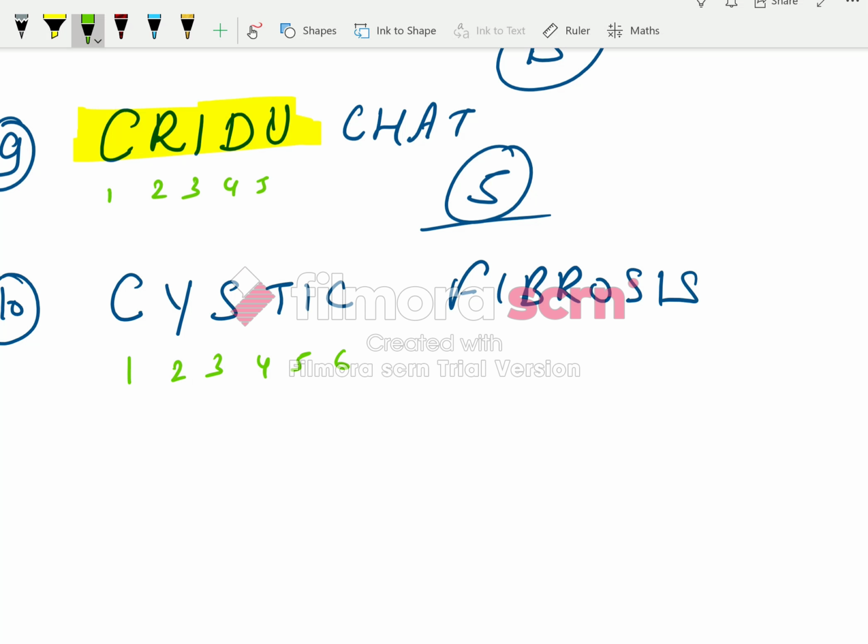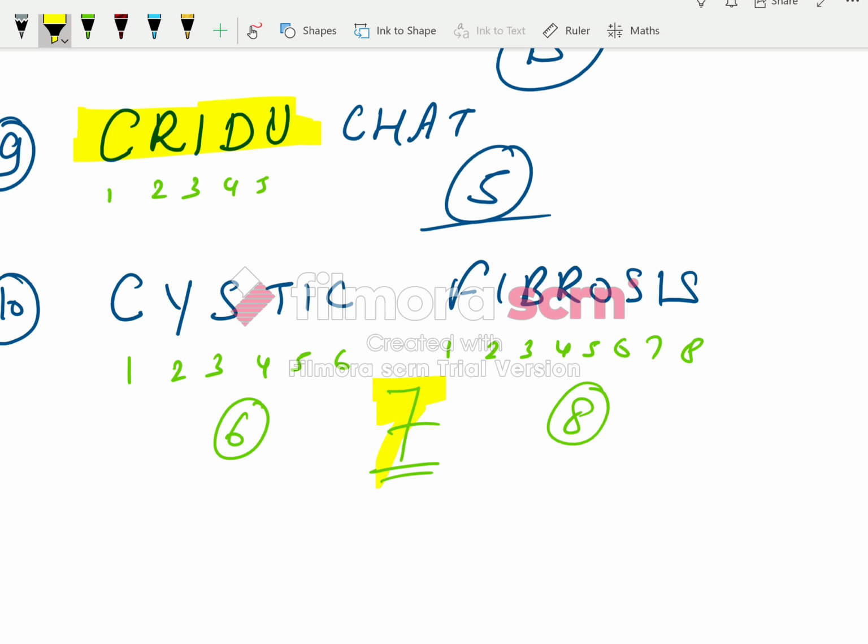Let me count this once again, 1, 2, 3, 4, 5, 6, 7, 8. So this is coming 6 and this is coming 8. So we need to set a midpoint. Midpoint means it will be 7. Defect occurs at chromosome 7. In cystic fibrosis, remember, the disease occurs as a defect in chromosome 7.